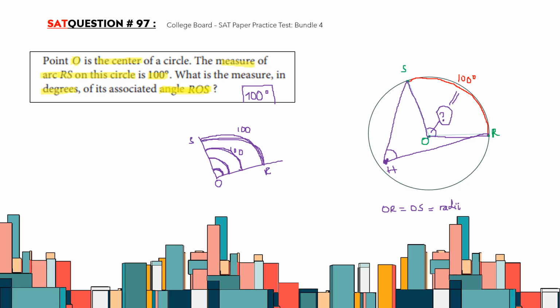How about if we don't want to spend time drawing that out? If we're good enough, we will see that O is the center of the circle. We know O is the center right here, and OR equals OS. So the angle is the same as arc RS. So that's 100.